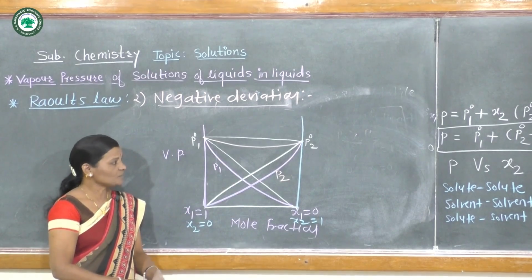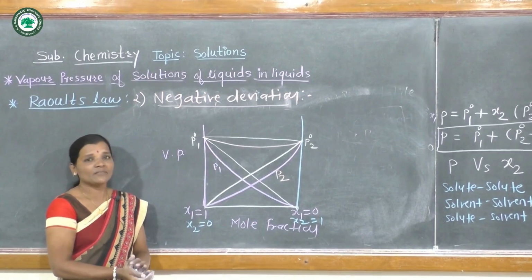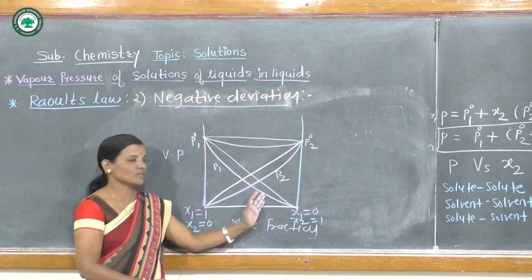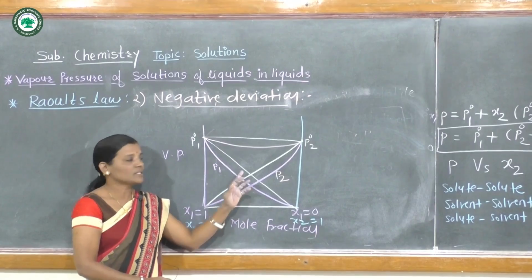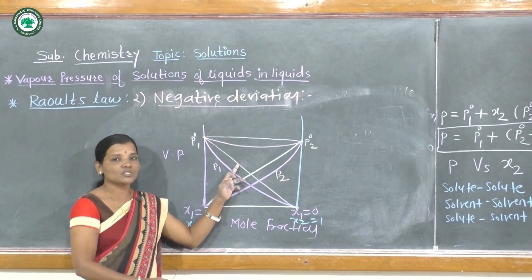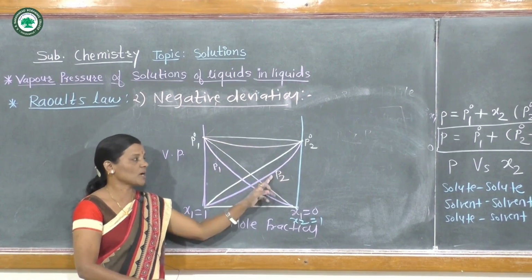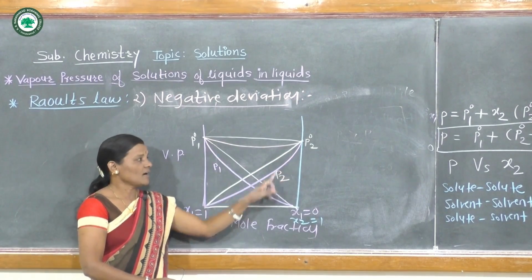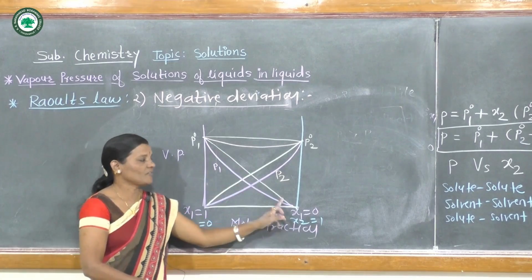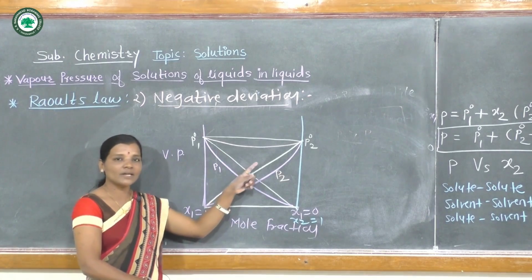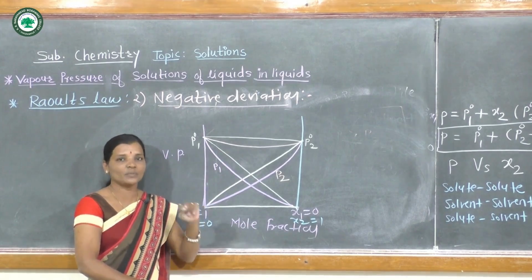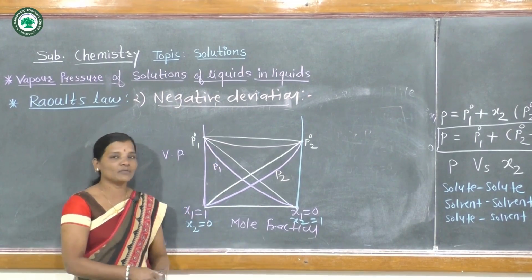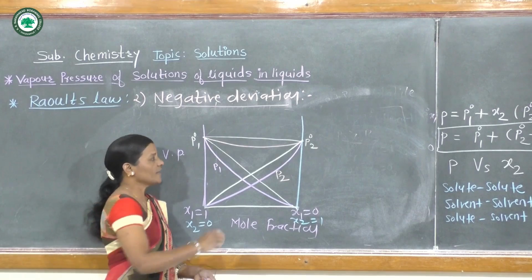That means we can say that when negative deviations are observed, the partial pressures are lower than expected values. The partial pressures of both components are lower than the expected values, which show straight lines for an ideal solution, and here the solution behaves as a non-ideal solution.